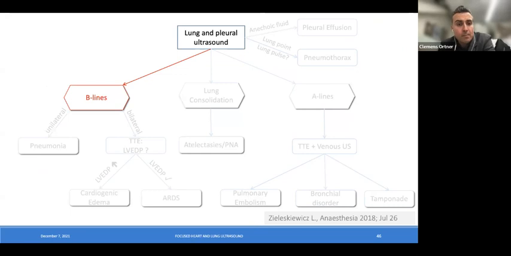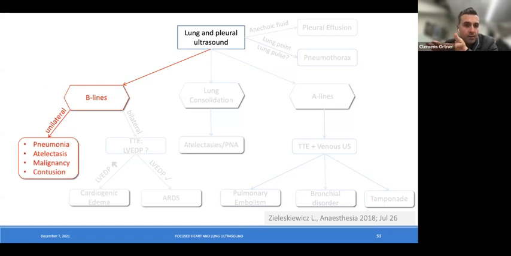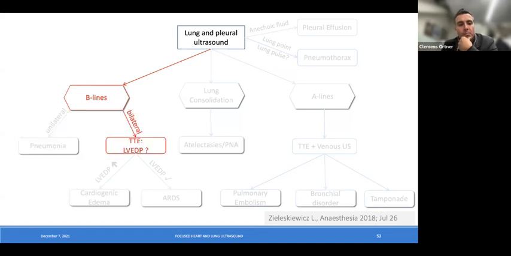Okay, so if you find B lines, then the next question is again, a positive B pattern is when you have on one image 3 or more B lines. And then the question is, do you have it on only one side of your lung? Then this indicates either pneumonia or atelectasis, or also a malignancy or a lung contusion, also a focal pulmonary embolism.